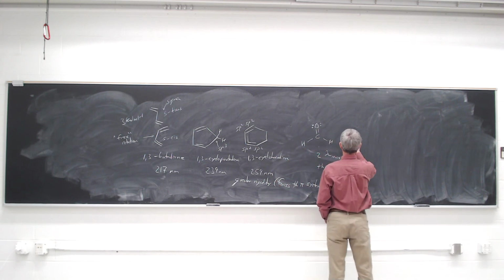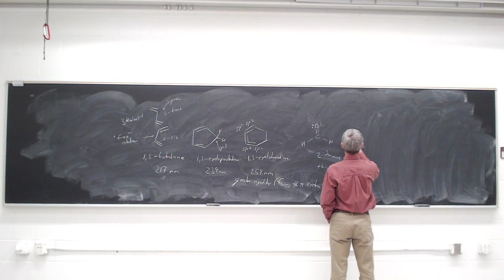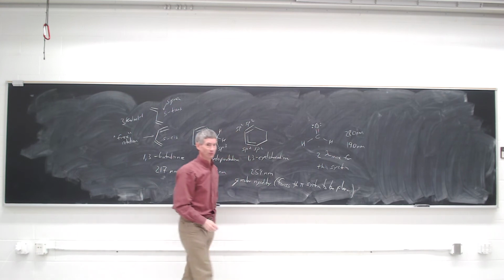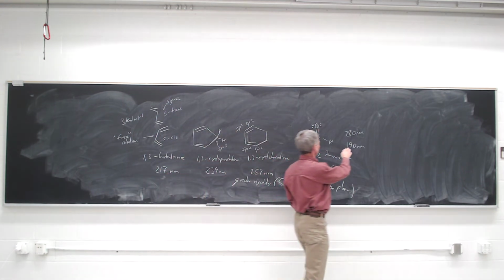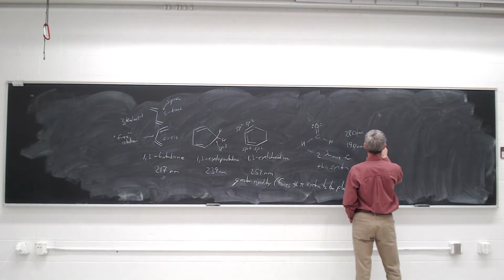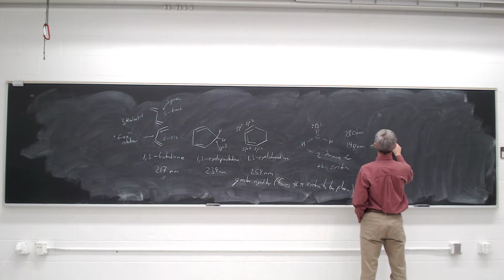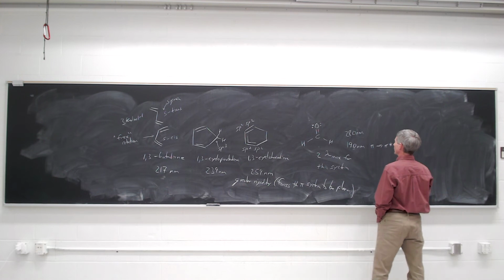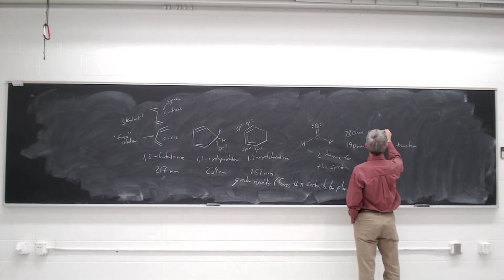And they're at about 190 nanometers and about 280, I think it is. This one is what we refer to as a pi to pi star transition. And this one is what we refer to as an n to pi star transition.